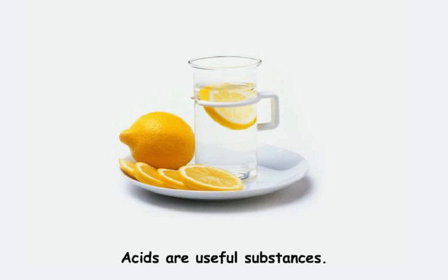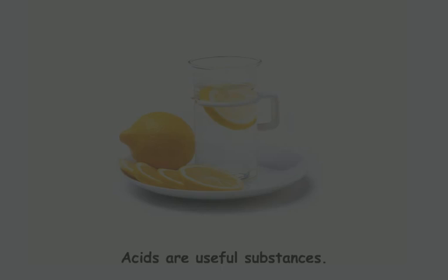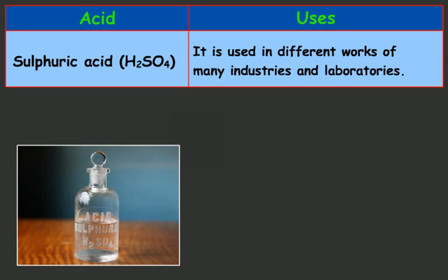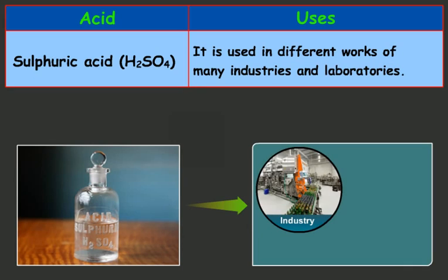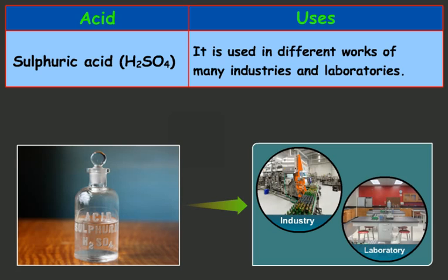Uses of acid. Acids are useful substances. Some useful acids are sulfuric acid, H2SO4. It is used in different works of many industries and laboratories.